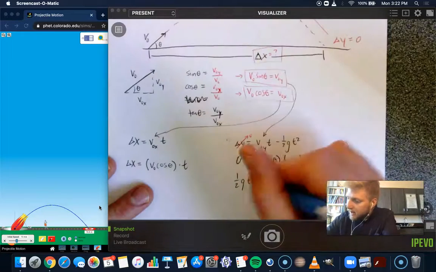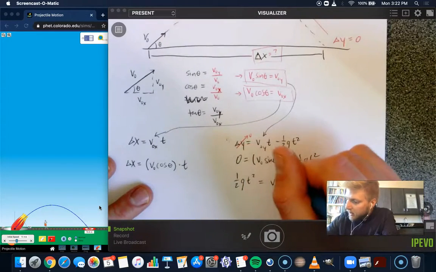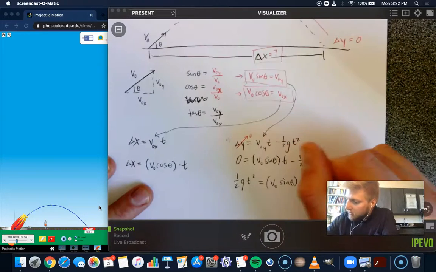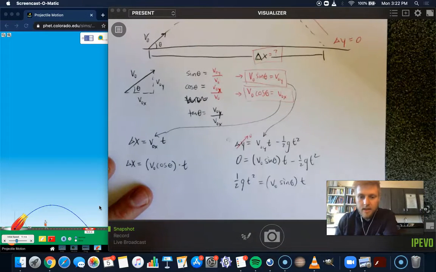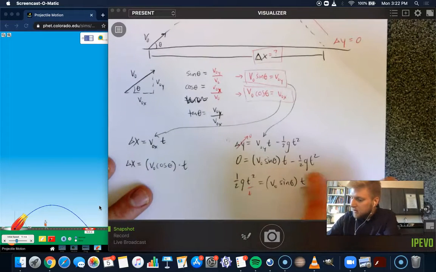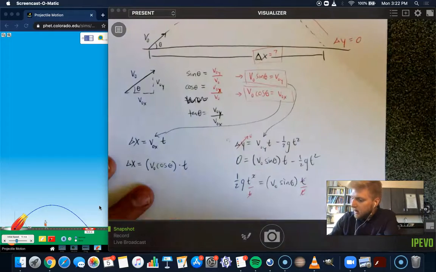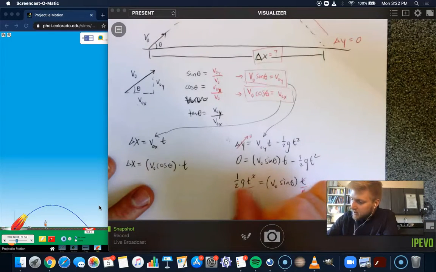That equals v naught sine theta, all in parentheses, times t. Then I need to cancel a t on both sides. All right, and I'm left with t 1/2 g is v naught sine theta.